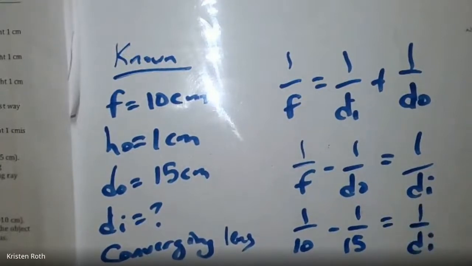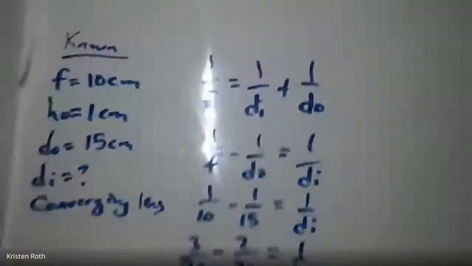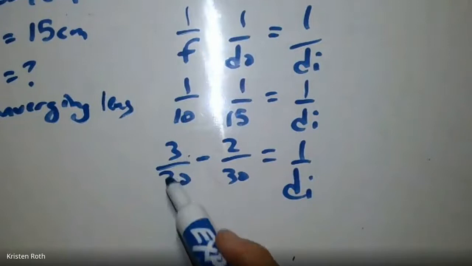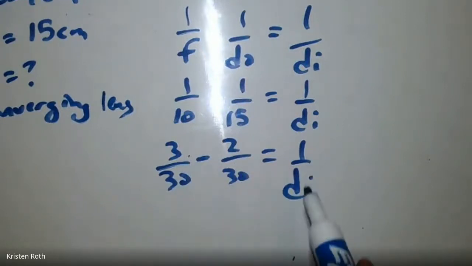Okay, so now we've got to come up with a common denominator here. Off the bat, 30 comes to mind. So how do we get to 30 at the bottom of 10? We times it by 3. Whatever you do to the bottom, you have to do the top. How do we get 15 to 30? Times it by 2. Whatever we do to the bottom, we do the top. So we have 3 over 30 minus 2 over 30 equals 1 over di.